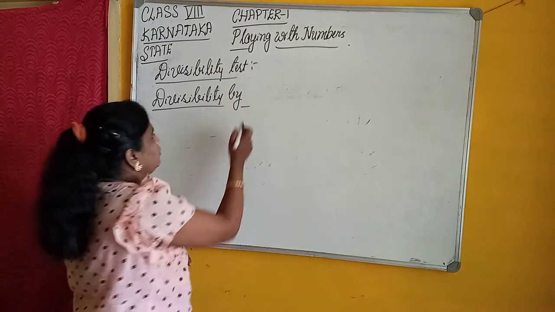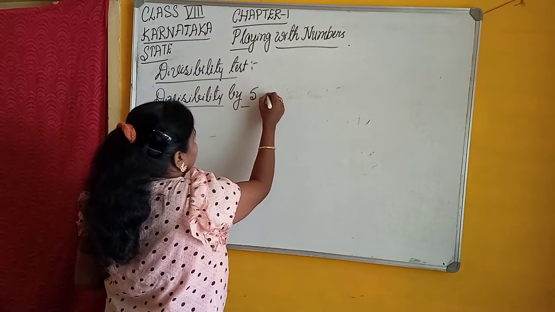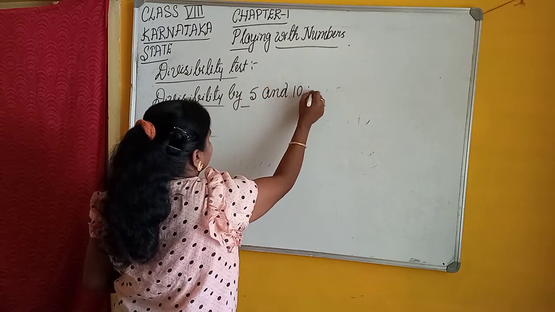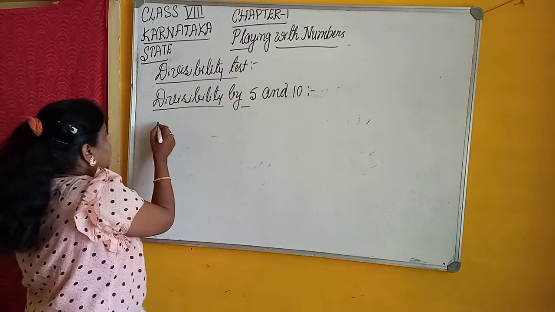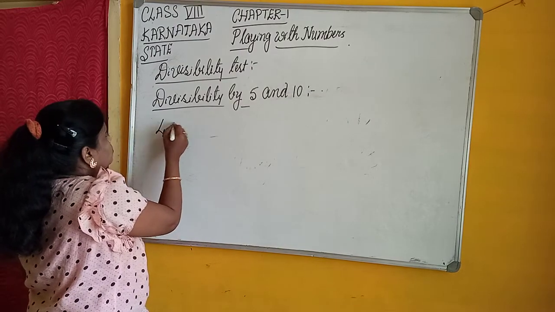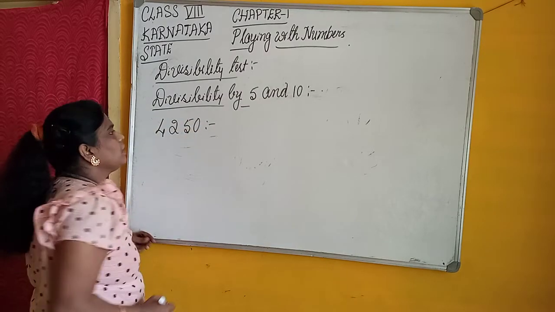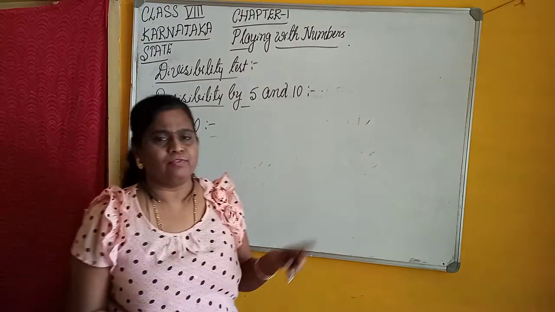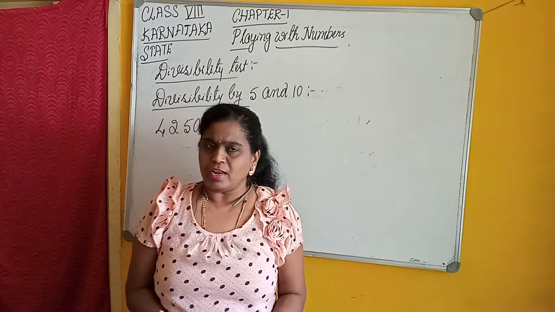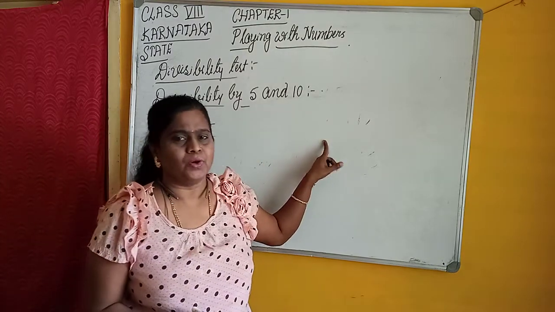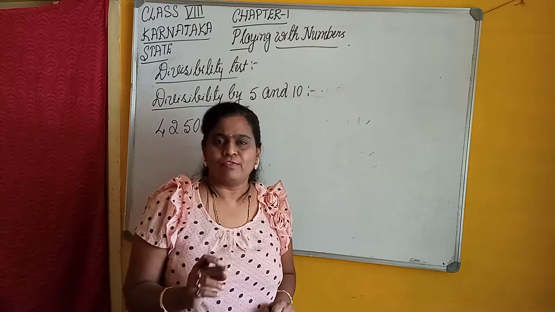For 5 and 10. For any number like 4,250, we can easily say that for 5, any number which ends with 5 or 0 is divisible by 5.